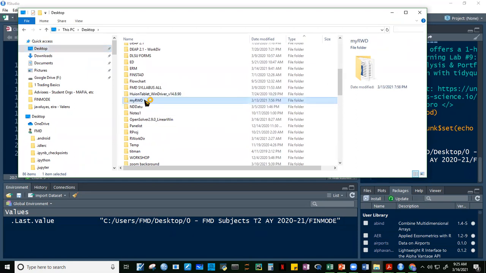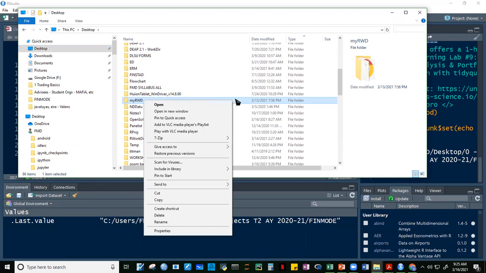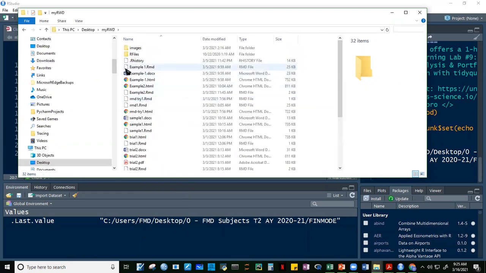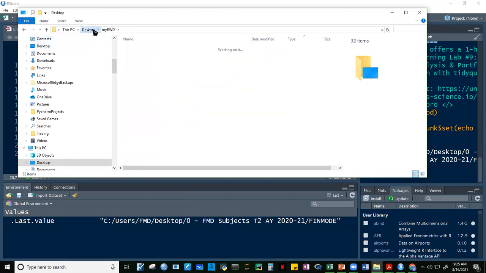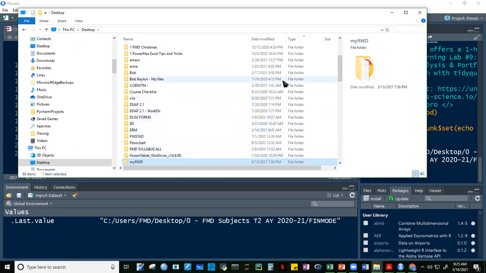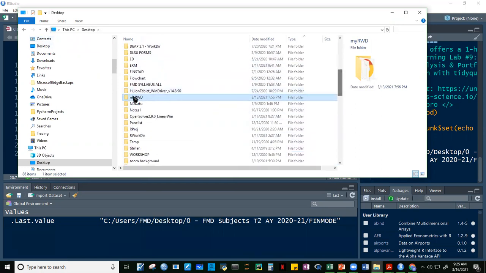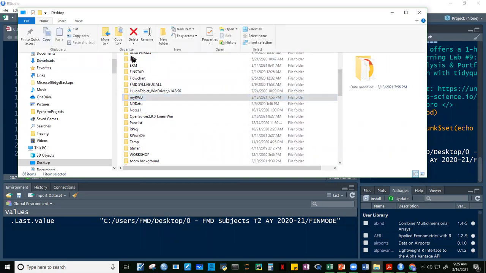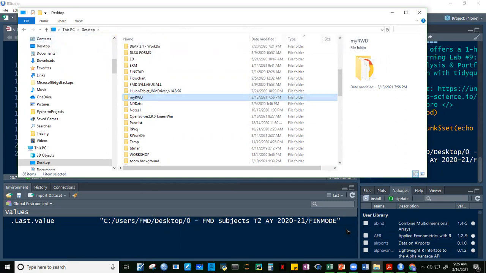Okay, I will set it here. Home, and then copy path. Set it as well, for the benefit of Rod.